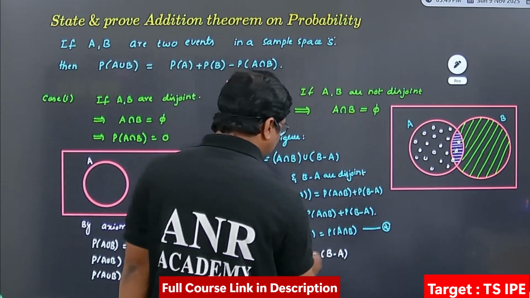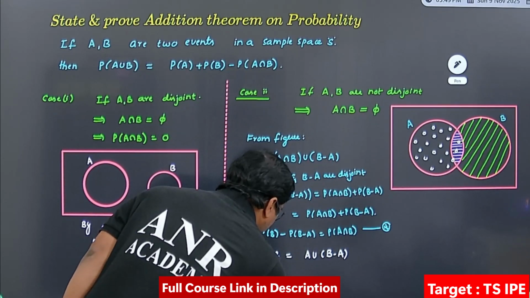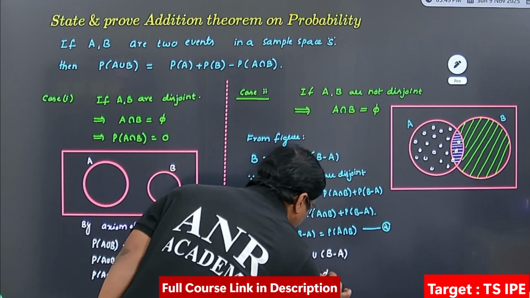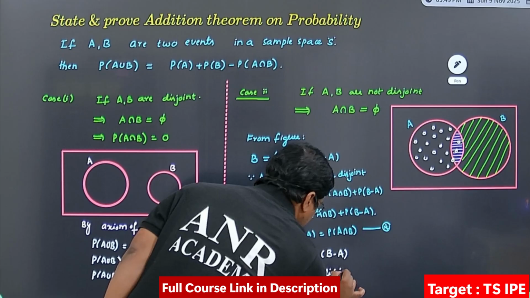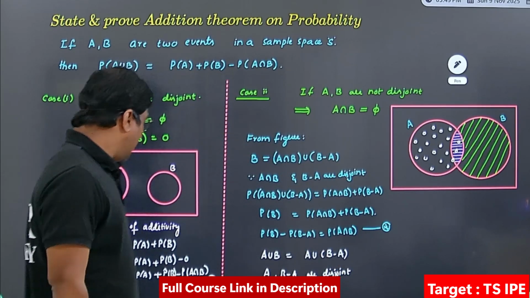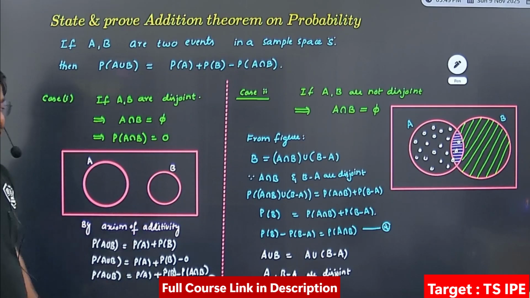And here A and B minus A are disjoint. A, B minus A are disjoint in this case.